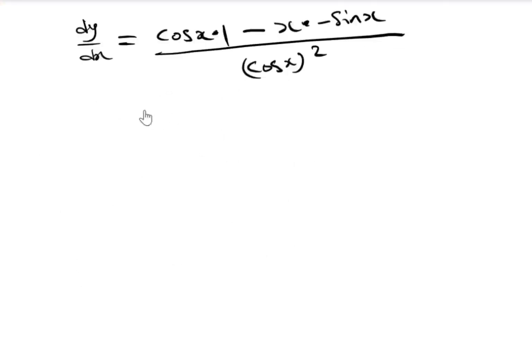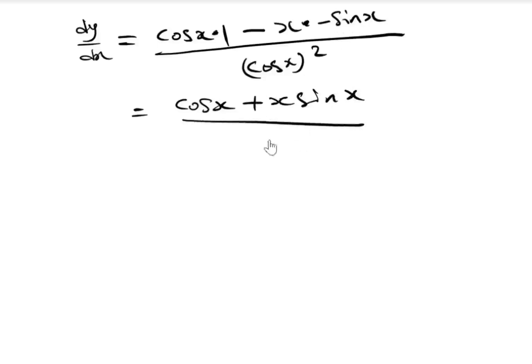And this will be equal to cos x multiplied by 1 will be cos x. Then minus x multiplied by minus sine will be plus x sine x, divided by cos squared x.